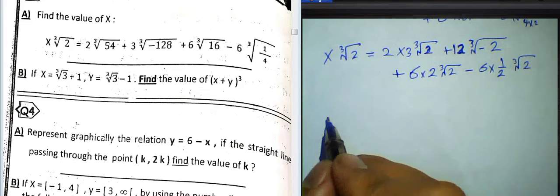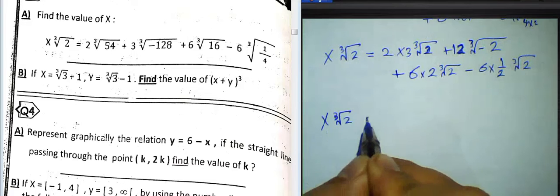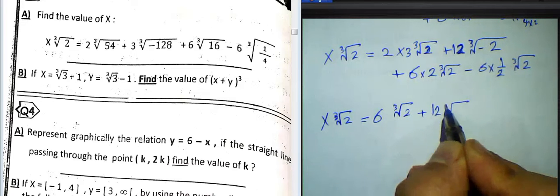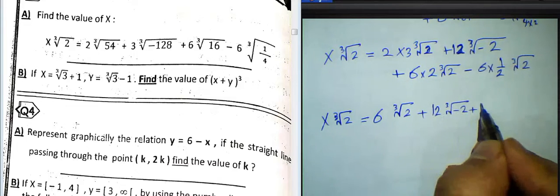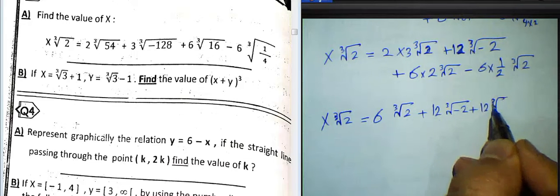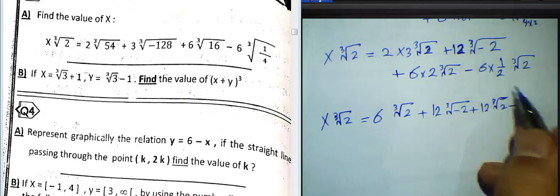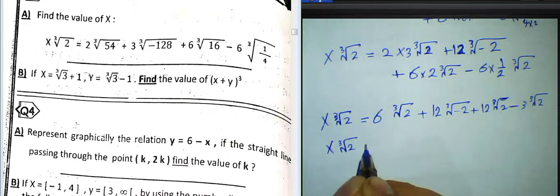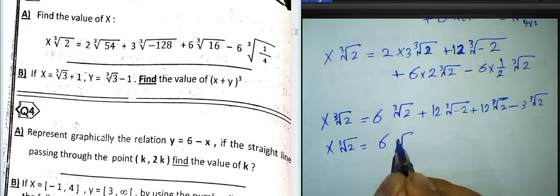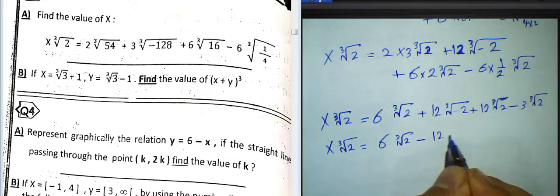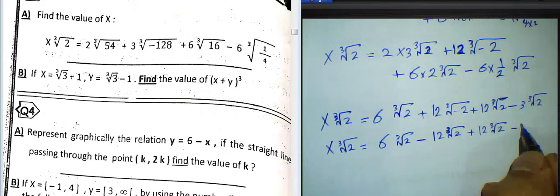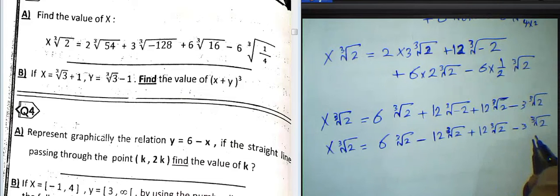We can simplify it here. X multiply cubic root of 2 equals 6 multiply cubic root of 2 plus 12 cubic root of 2, subtract 6 divided by 2 equals 3 cubic root of 2. Then x multiply cubic root of 2 equals 6 multiply cubic root of 2 plus 12 multiply cubic root of 2, subtract 3 multiply cubic root of 2 here.